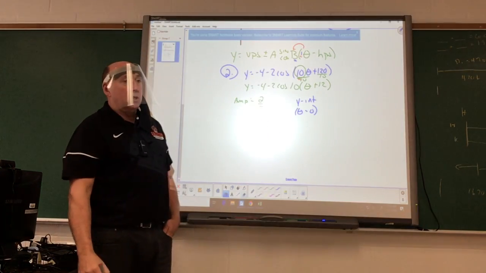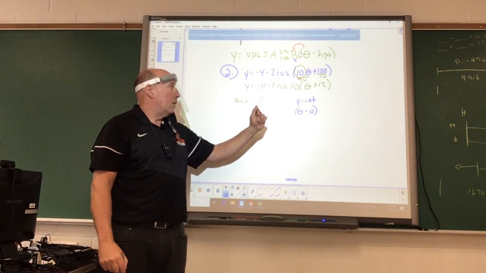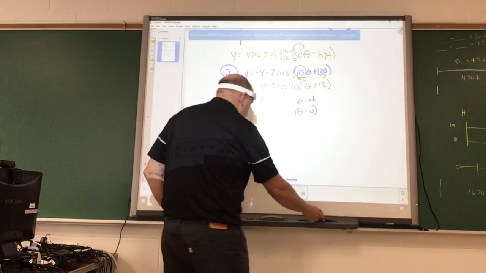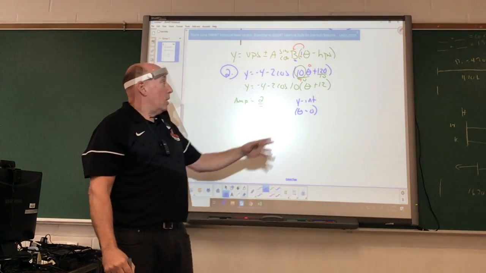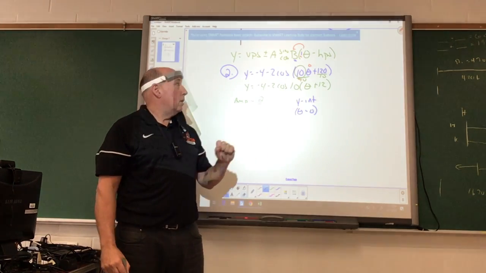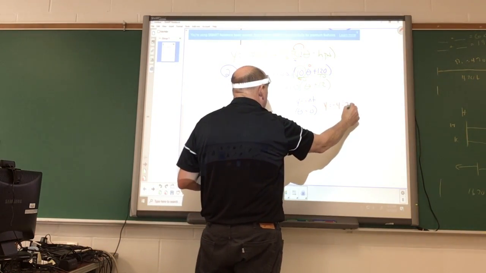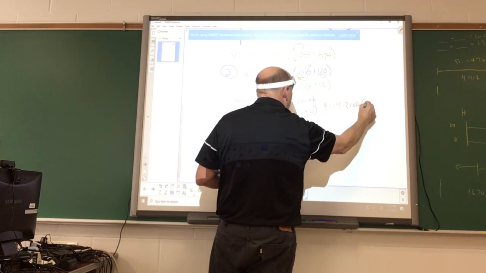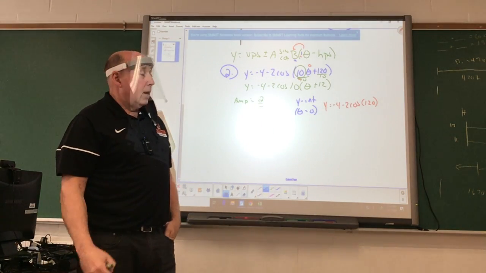is that your y-intercept is where theta is equal to 0. Go back up to your original equation and put 0 in for theta. Because this is going to be 10 times 0, which gives me 0. So we're left with y equals -4 minus 2 cosine of 120.